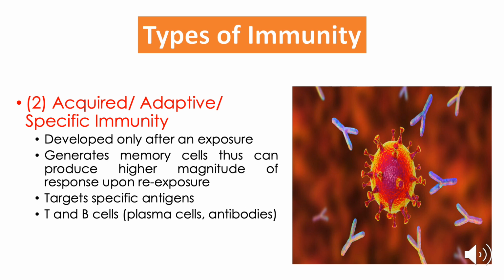The only problem with adaptive immunity is that it can only protect you from the microorganism that you were exposed to. So let's say, for example, I had chickenpox before, so I already have antibodies to chickenpox now. So if I encounter someone with chickenpox, I will produce a higher amount of antibodies against the virus, right?